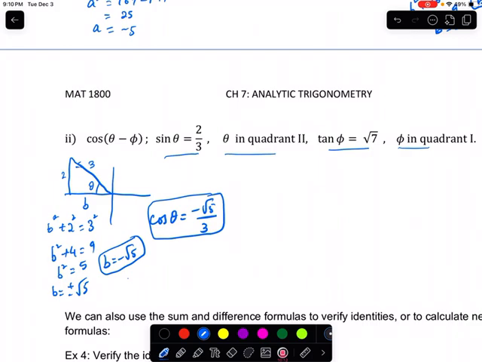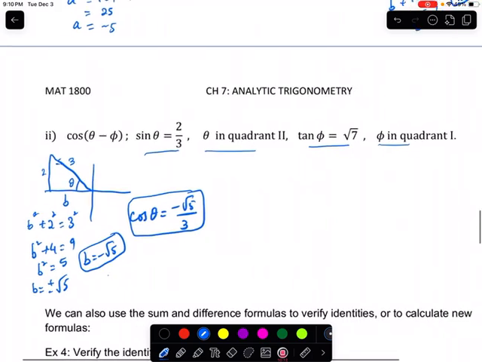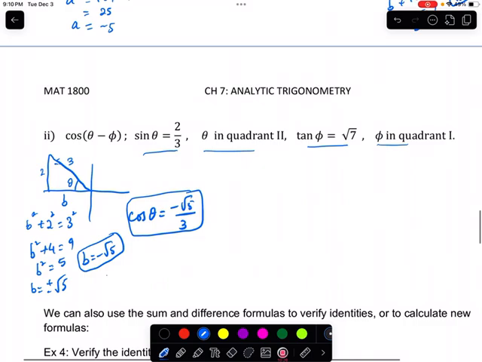Okay, now with phi, the phi is in the first quadrant. And tangent of phi is square root of 7. So I can write it as square root of 7 over 1. So square root of 7 here and the 1 goes here. So I need to find this side c.